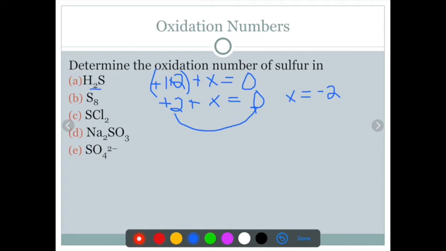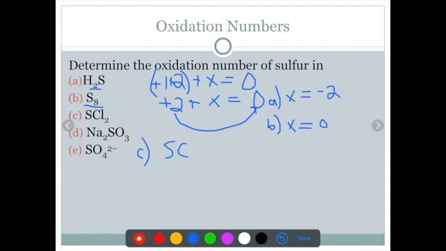Okay. And then on B, we have S8. Even though I have 8 sulfurs, I still only have just sulfur, right? There's no other element combined there. So the oxidation number for that is just 0. So A was negative 2, B is 0. Then C, SCl2.